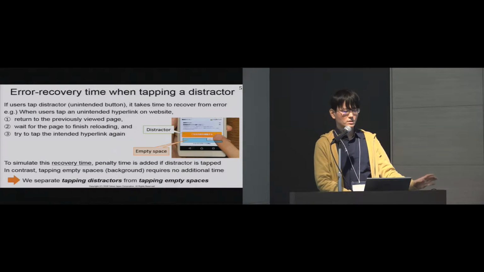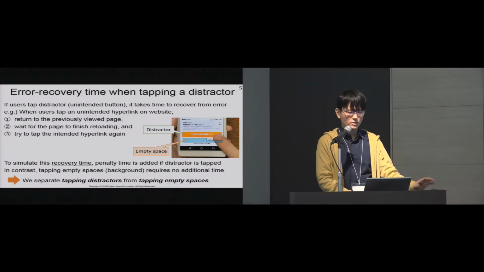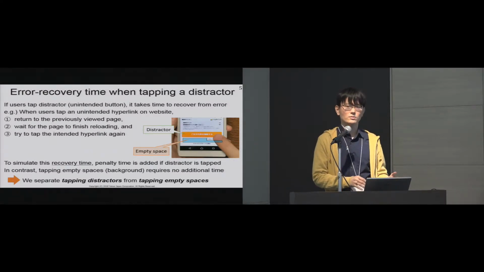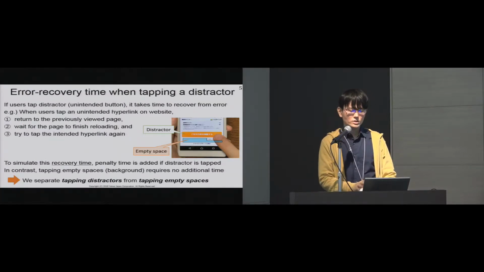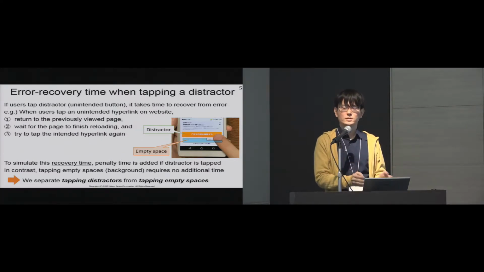To simulate this recovery time, in our experiment, we add a penalty time if participants tap a distractor. But in contrast, tapping empty spaces doesn't need such an additional time. So users just have to try tapping the intended button again. So in our study, we separate tapping distractors from tapping empty spaces.